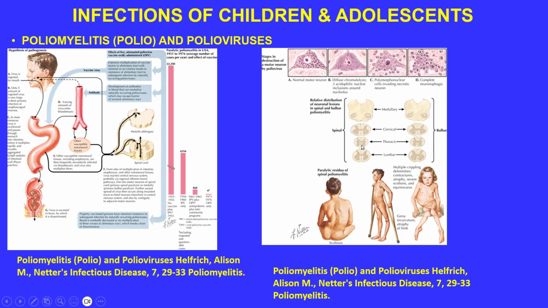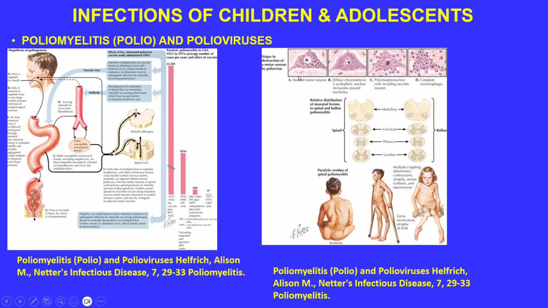Now, if you notice, relative distribution of neuronal lesions in the spinal and bulbar poliomyelitis. So here you have spinal, here you have bulbar, and all of these where the motor horn is are going to be slowly destroyed.